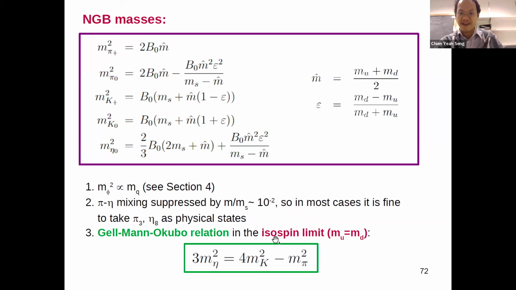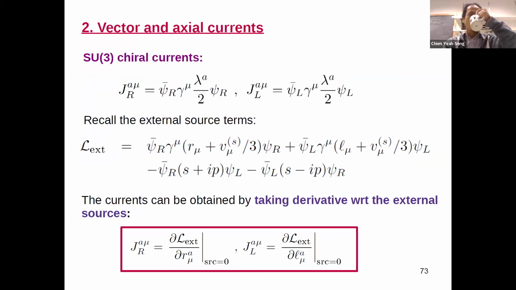If you plug them into the right-hand side, you see the mass of the eta is quite well reproduced, up to a 6-7% difference. So this is the prediction of the leading order chiral Lagrangian, which already agrees pretty well with the experiment.